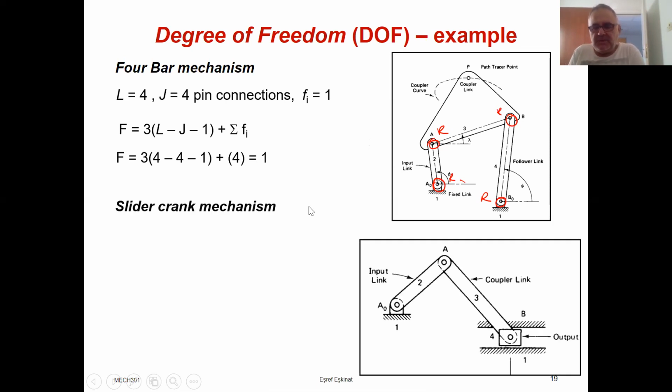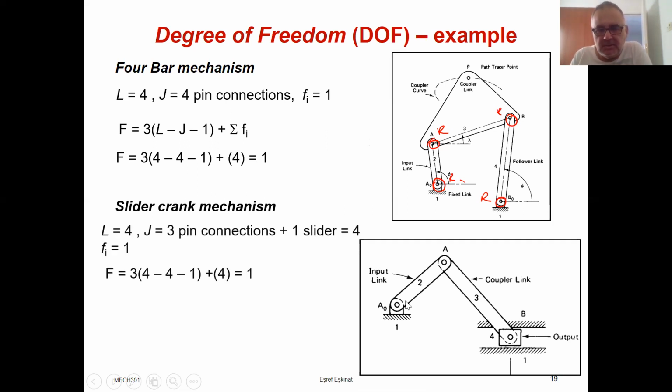Okay? Our second famous mechanism is the slider crank mechanism. Again, you have 4 links, one including the ground, second link, third link, and the piston is the fourth link. The joints are 1, 2, 3 revolute joints, plus there is a sliding joint between 1 and 4.